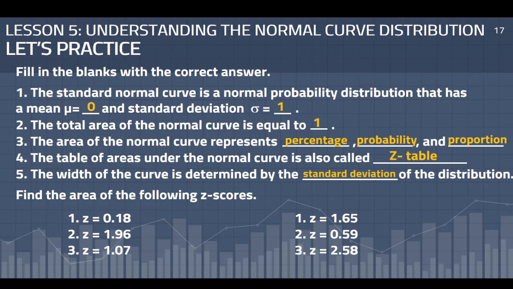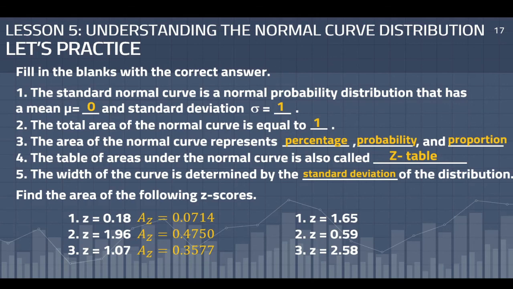Ngayon naman, proceed tayo sa baba. Find the area of the following z-scores. First, ano yung area niya? Very good. 0.0714. Next, 1.96 is 0.4750. Next, 1.07. Very good. 0.3577.